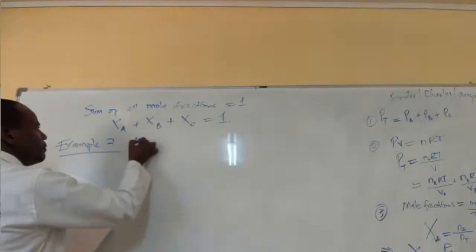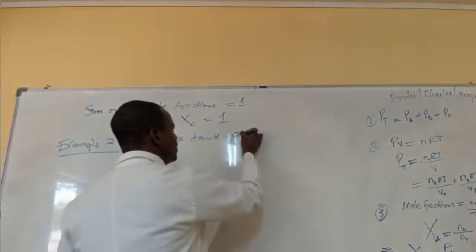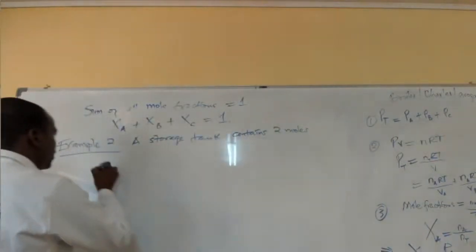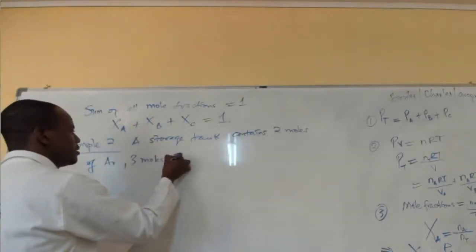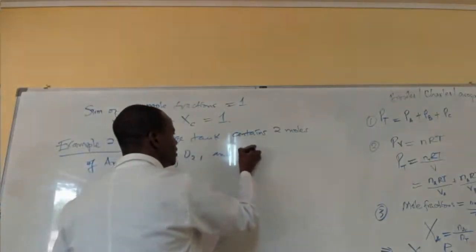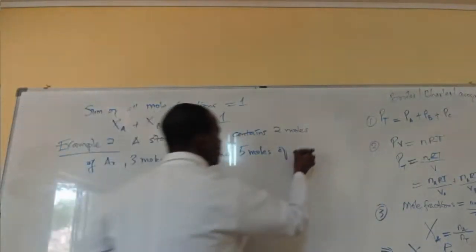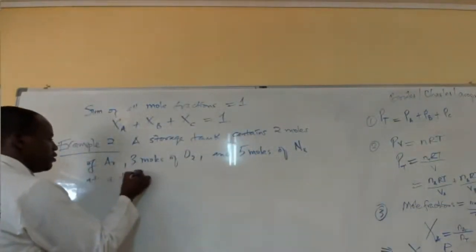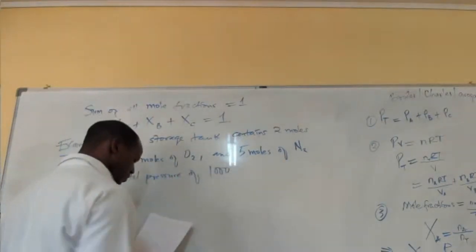Again, here we have a storage tank that contains 2 moles of argon, 3 moles of oxygen gas, and 5 moles of nitrogen, which is N2, at a total pressure of 1,000 torrs.